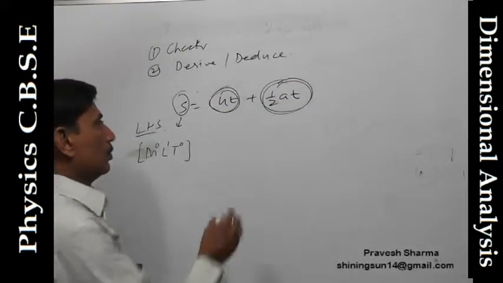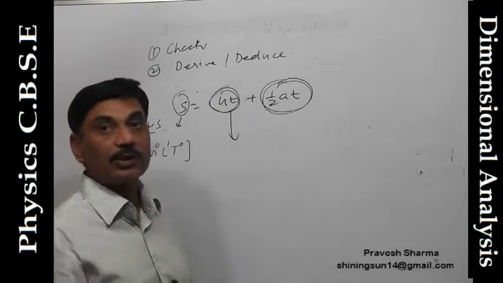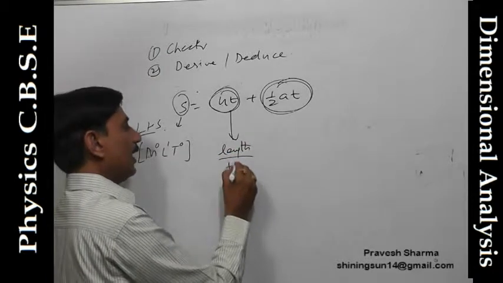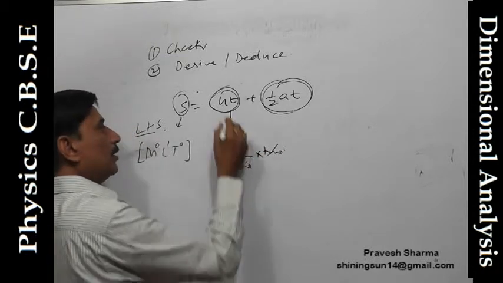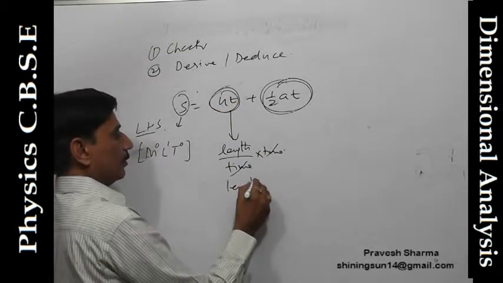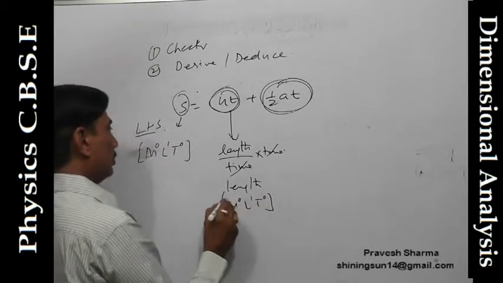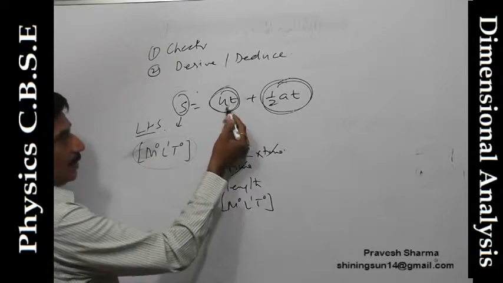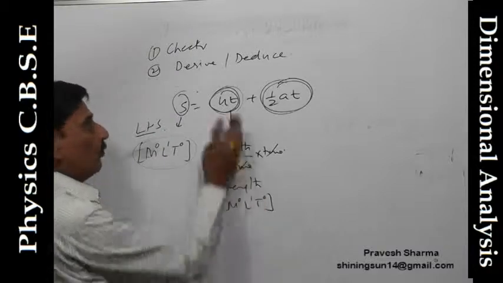If I say u is meter per second, velocity is length upon time into time. Time cancels, so its dimension comes out to be length only, that is M0 L1 T0. So far, the LHS is M0 L1 T0 and this portion has M0 L1 T0. So far, the formula is correct.